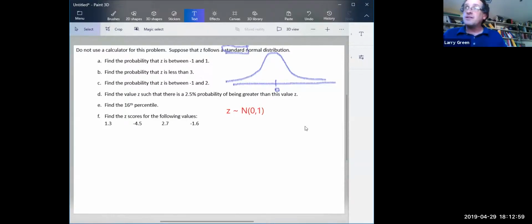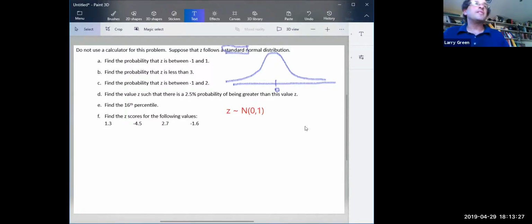You're going to use a tilde and an N. Then you're going to write down the mean. It may not be 0 on the problem you're working on. And then you write down the standard deviation, which may not be 1 on the problem you're working on. Okay? And we'll get there in a little bit too on the next question. Okay, so if I ask, write down the distribution, this is what you must write down. Okay? There's going to be different numbers and different letters, but it's that notation.